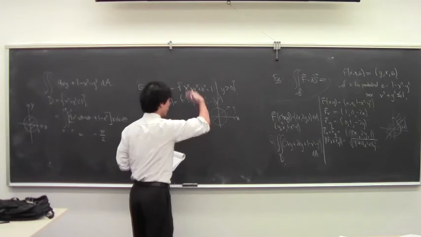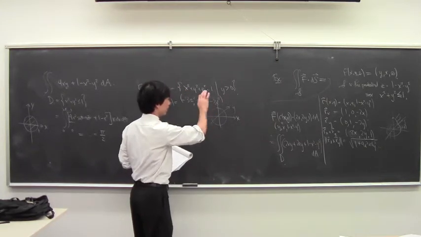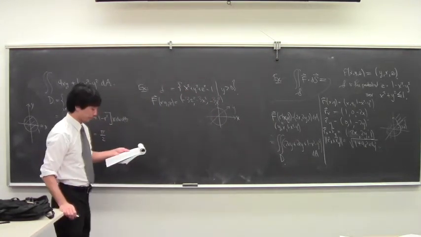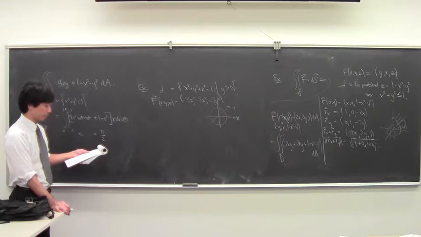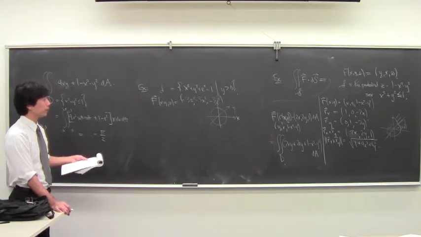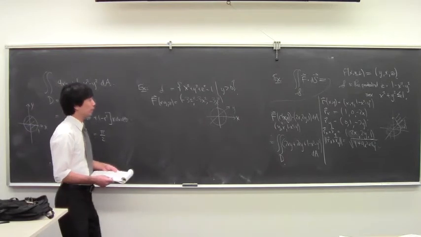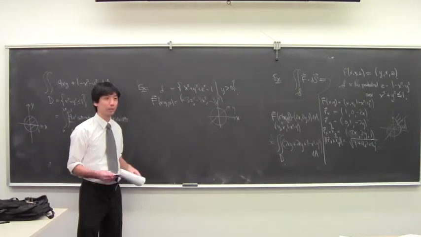When we're chopping it this way, we're taking the part on the other side. Just take a minute and see if you can figure out how you want to parameterize and get the normal vector.